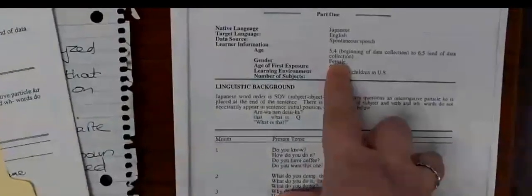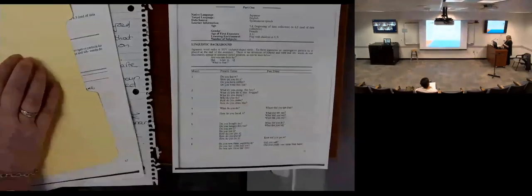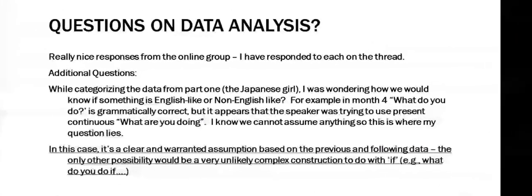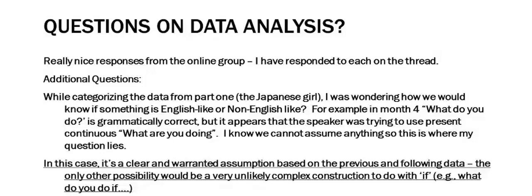All right, so this is the first data set, and I'm going to flip over again to Shannon's question. So Shannon says, the data from part 1, which is the Japanese girl, I was wondering how we would know if something is English-like or non-English-like.